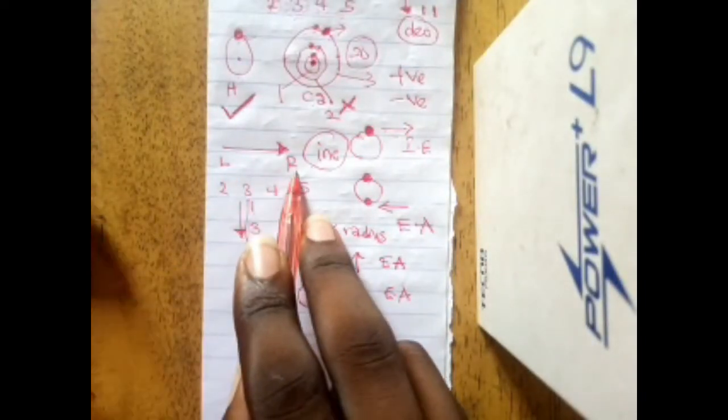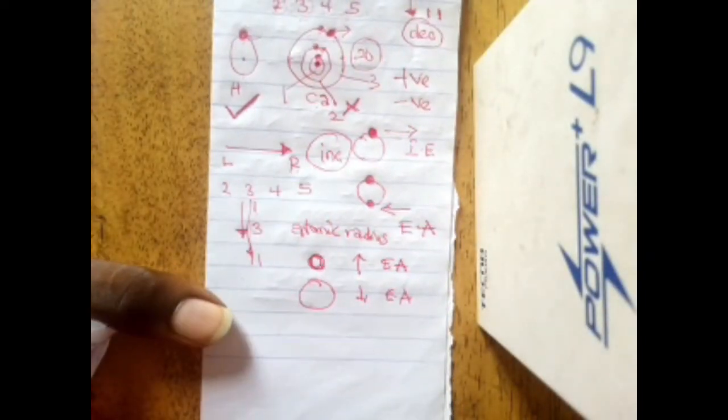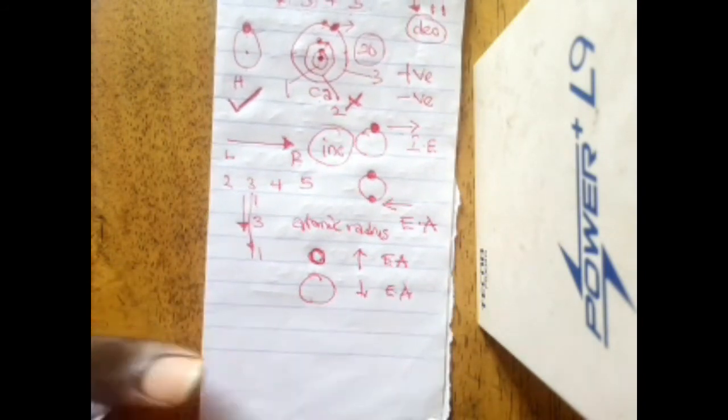So as you move from left to right in a period, the power of the atom to attract electrons to itself increases.